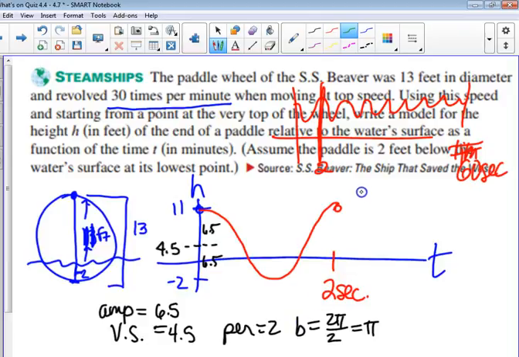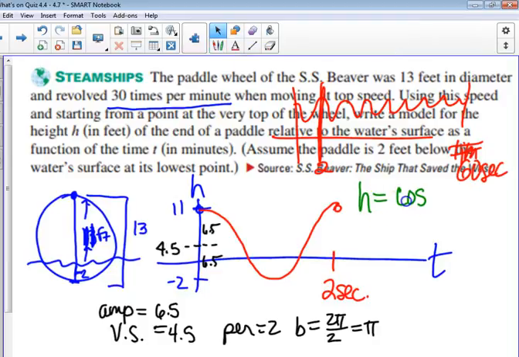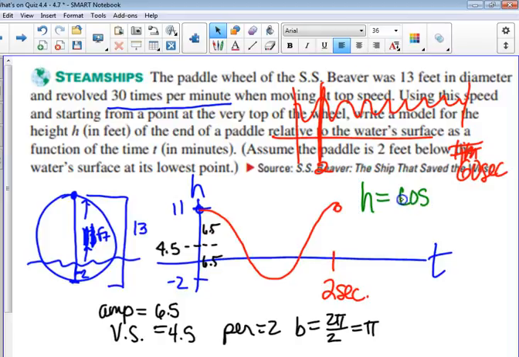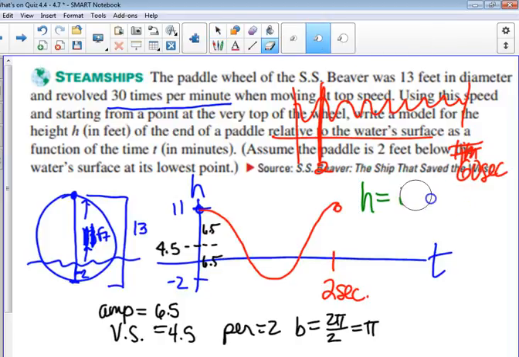Ready to write the equation? H equals cosine. Amplitude was 6.5, okay. Yeah, oh yeah, that's gonna work really well. We're just gonna erase that. 6.5 cosine, then what?